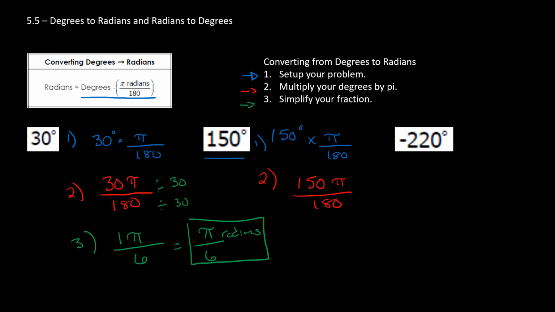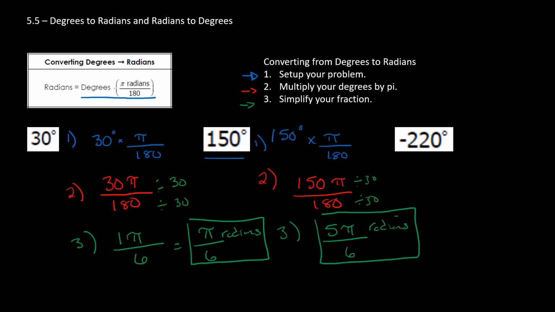Both numbers, 150 and 180, are divisible by 30 again. So when we simplify this out, 150 divided by 30 is 5 pi, over 180 divided by 30 is going to be 6. And so we're left with 5 pi over 6 radians.